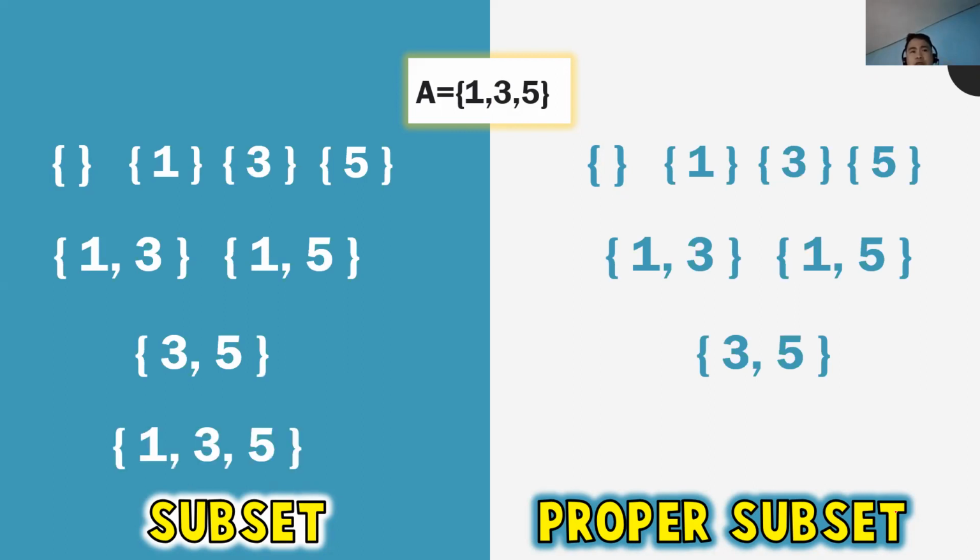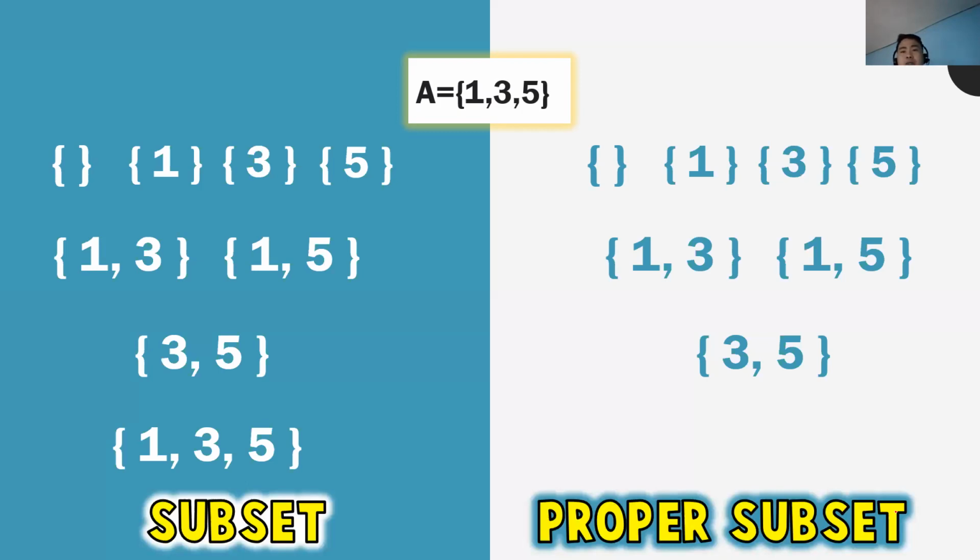Now, look at this. 1, 3, 5, yung set na may element na 1, 3, 5 ay nakay subset, pero wala kay proper subset. Ibig sabihin, yan yung pinakaiba nila. When we say subset, all the things that you see on the screen, including the set itself. Ibig sabihin, kasama yung given na 1, 3, 5.